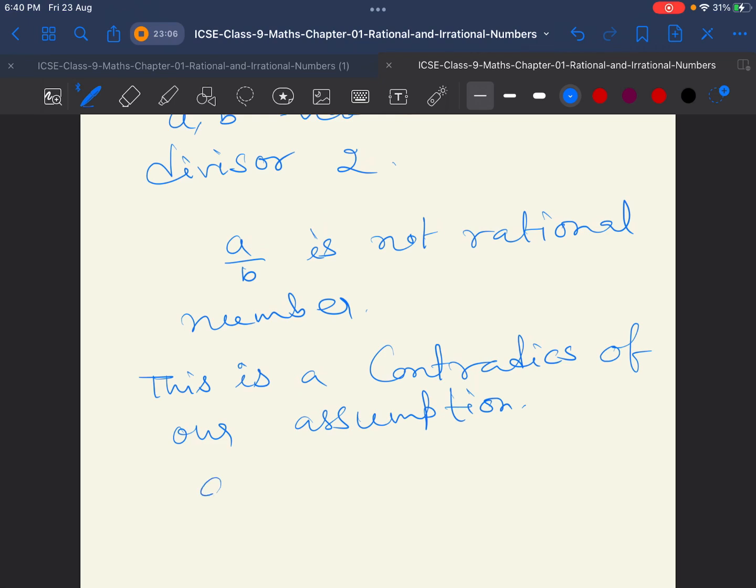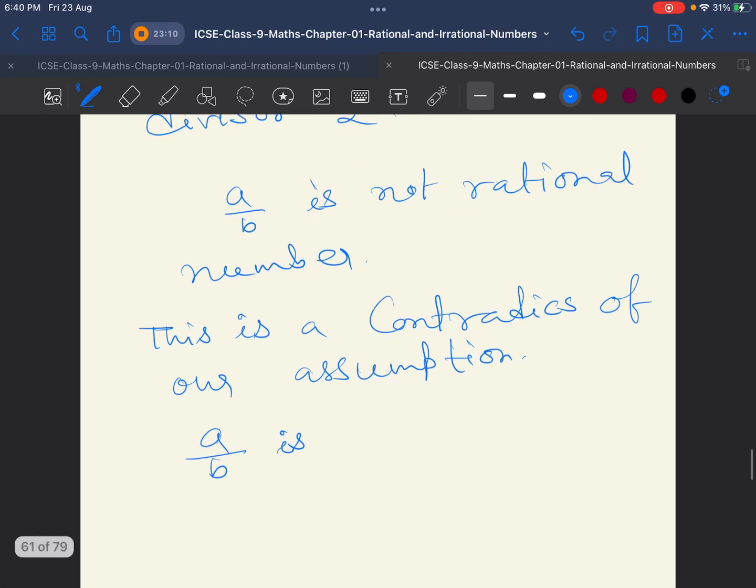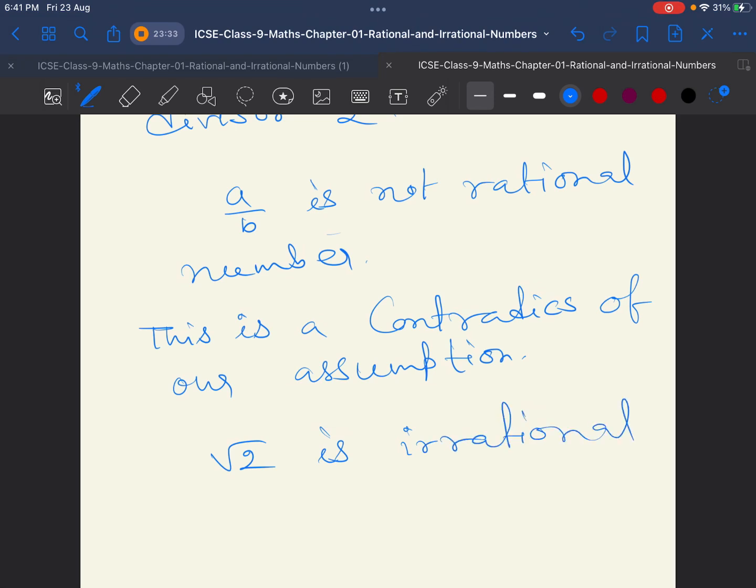Okay, so a by b is not rational. Sorry, a by b is not rational. We write here a by b is not rational, so we can write root 2 is not rational, so root 2 is an irrational number.